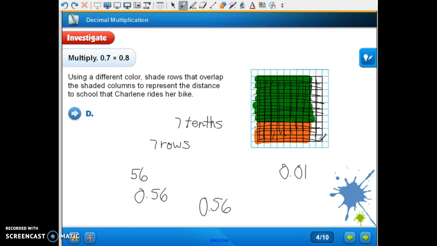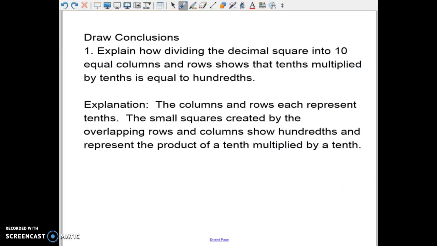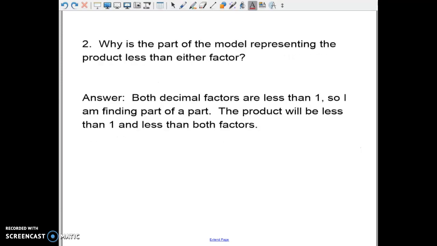Now I'm going to give you the written explanation for that. So the columns and rows each represent tenths. The small squares created by the overlapping rows and columns show hundredths and represent the product of a tenth multiplied by a tenth. Okay, we talked about this the other day.